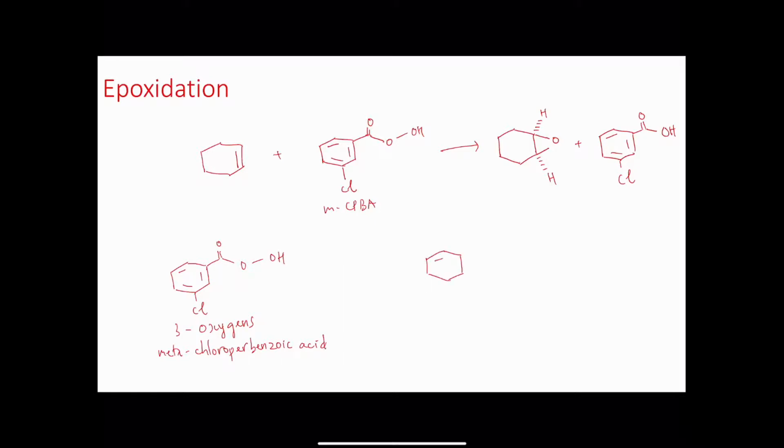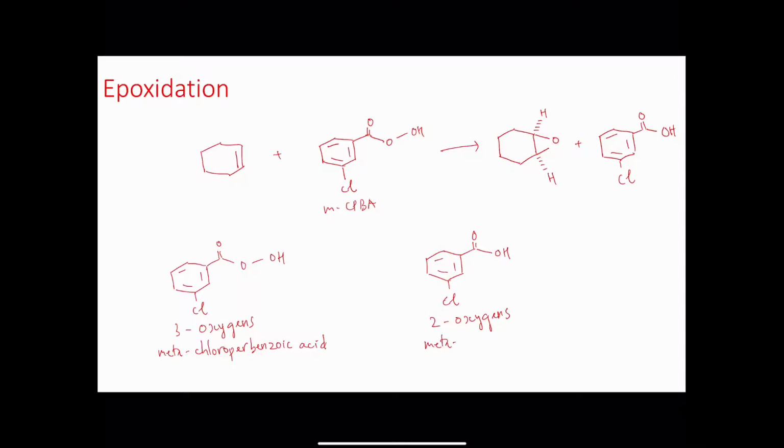In the byproduct, we see that we have just two oxygens, one oxygen of the C=O double bond, and the other oxygen of the OH group.